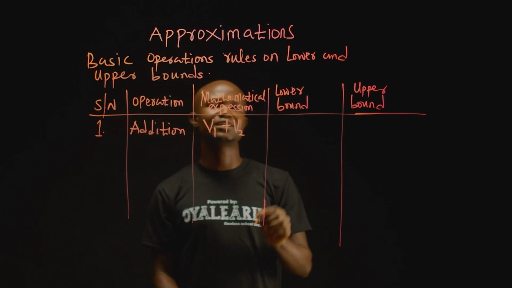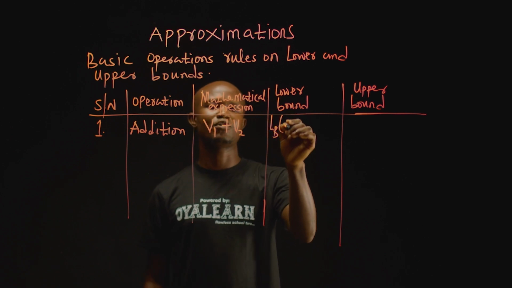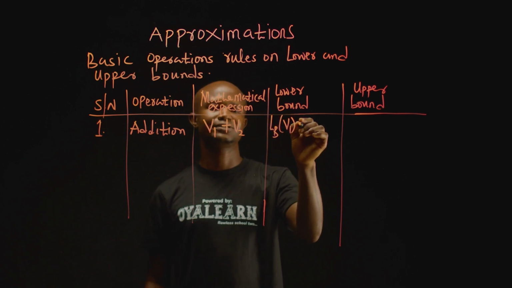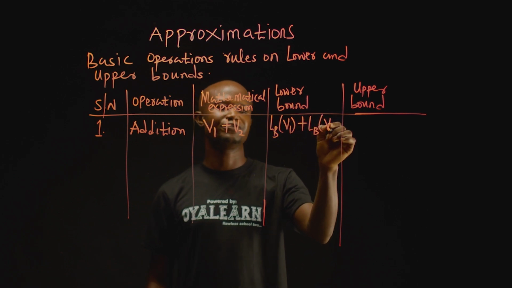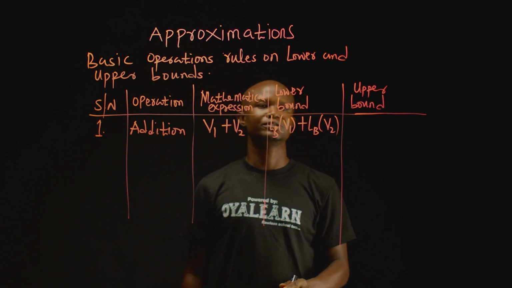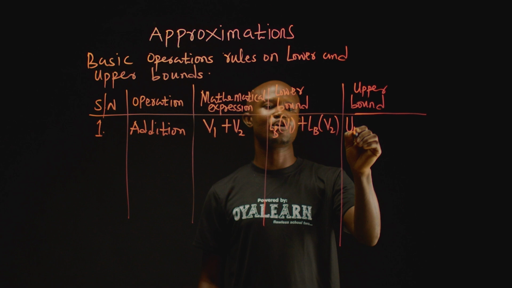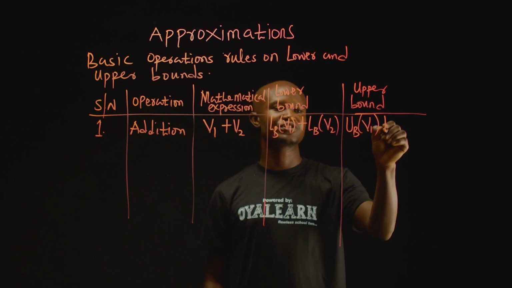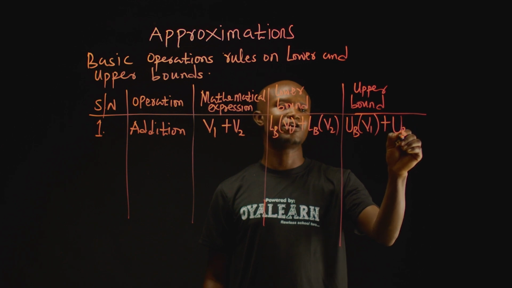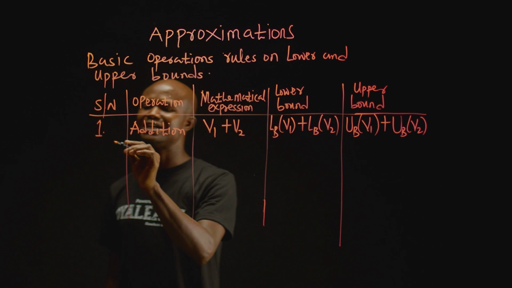Now the lower band is going to be lower band of V1 plus lower band of V2. Now what will be the upper band? The upper band, that is upper band of V1 plus upper band of V2. That's for addition.